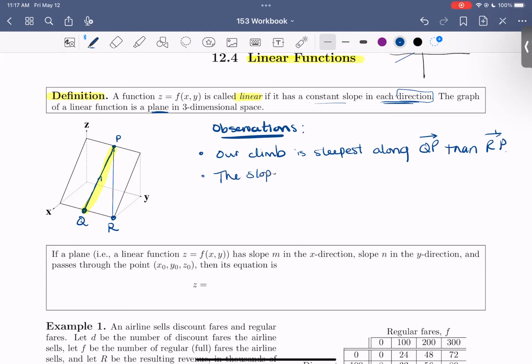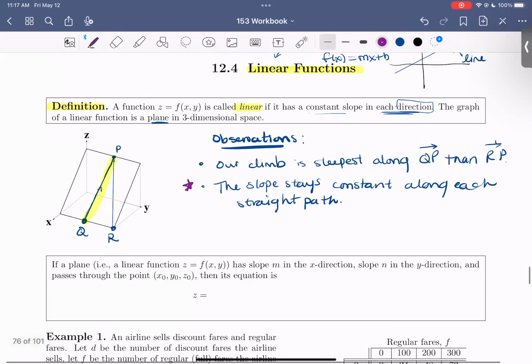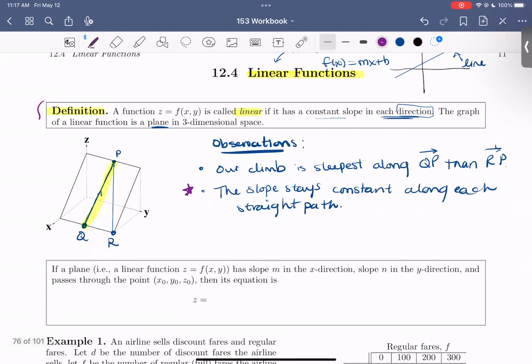The slope stays constant along each straight path. And this property that we're observing, that's how we are defining what a linear function is: that we have this same, or constant, slope in any direction.